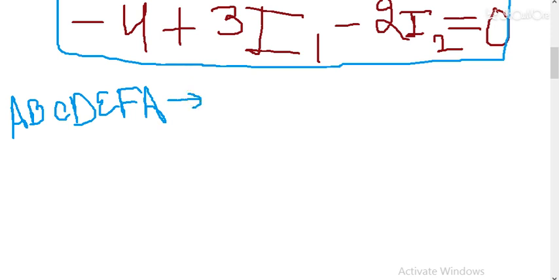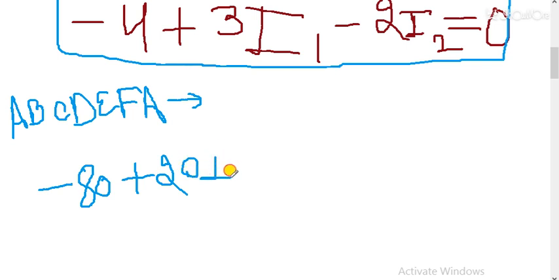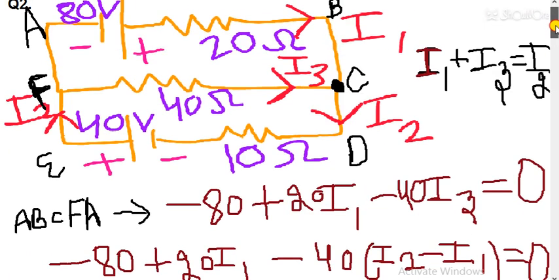So the equation for this path will be, firstly minus 80 will be there, as we are moving from negative to positive terminal of battery. Then plus 20 I1. After that we have to see, because I have just remembered that value.